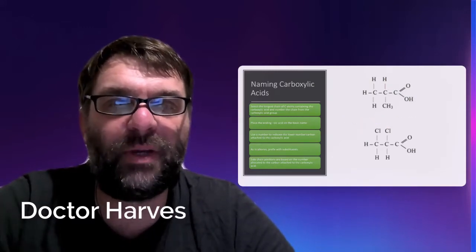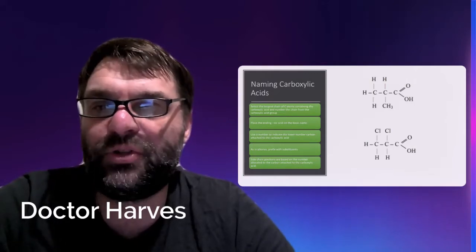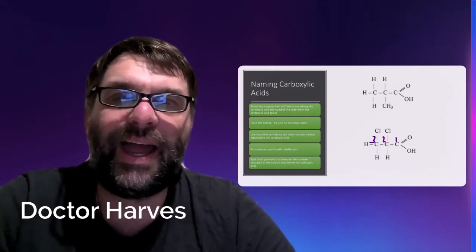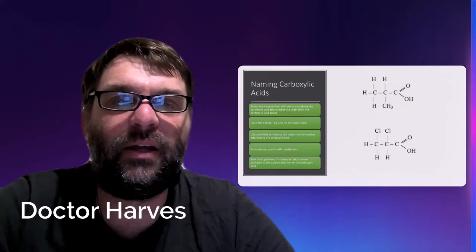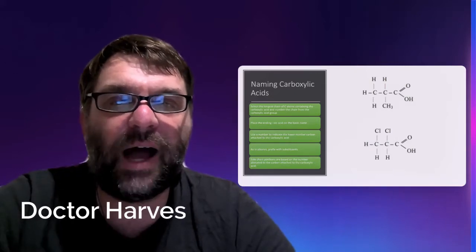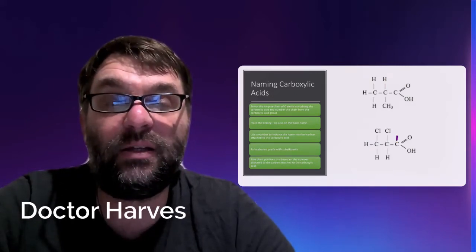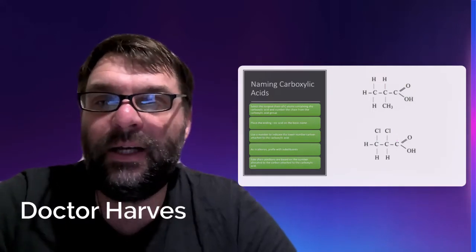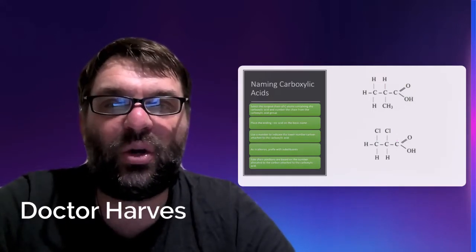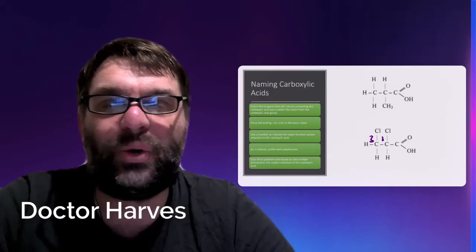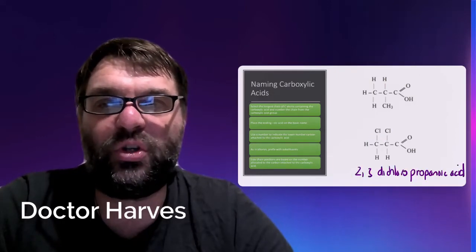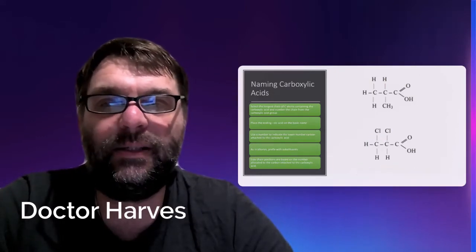And the bottom example, again 3 carbons, so propanoic acid. If the carbon attached to the double bond O, OH is the first carbon, that means that the chlorines are going to be 2,3-dichloro, because you've got 2 of them, propanoic acid.